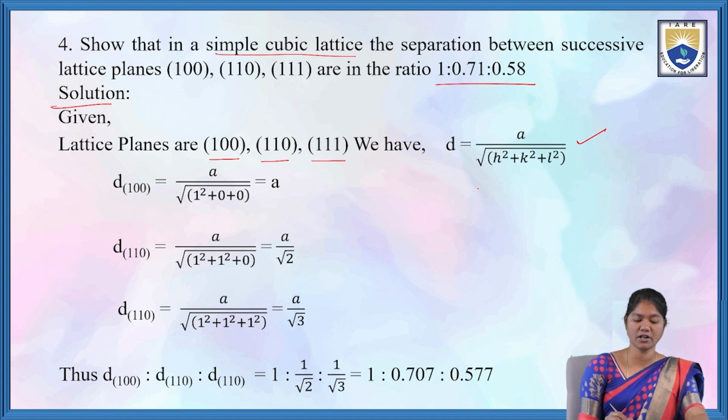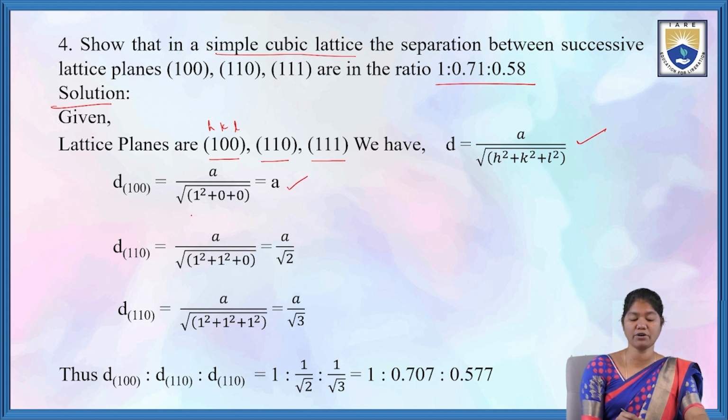For the first lattice plane, D100 is equal to A by root of H square plus K square plus L square, where H is 1, K is 0, L is 0.